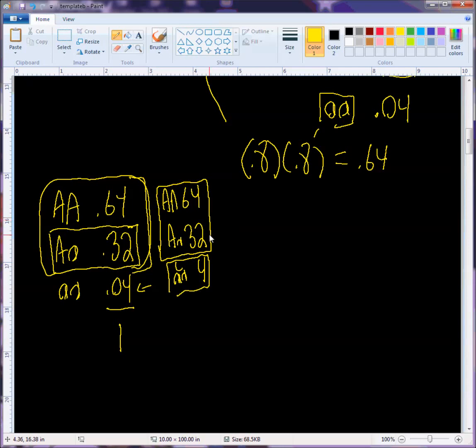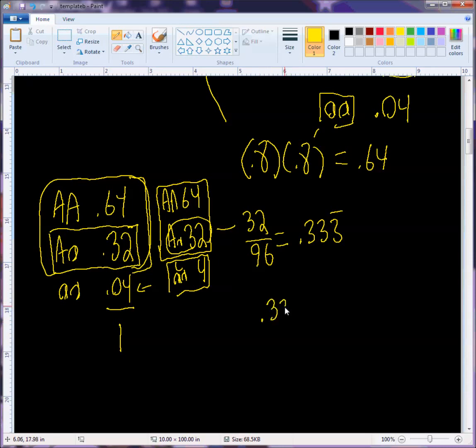So we want to know what percentage of these 96 individuals here, 64 plus 32, are likely to be heterozygous. So that's easy. That's 32 divided by 96, and this is going to equal 0.333 forever.